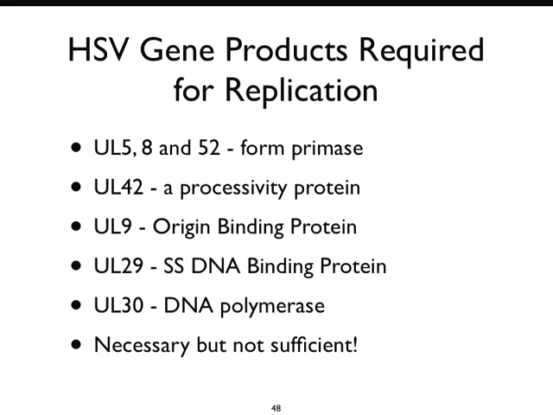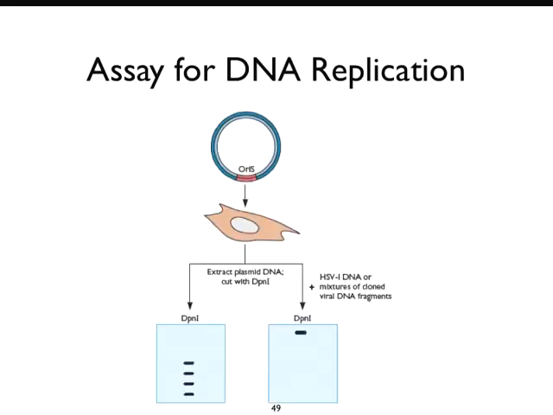And DNA that's made in bacteria is cleaved by an enzyme called DpnI, which only recognizes methylated adenines. And mammalian cells don't have methylated adenines. They only methylate cytidine. And so if DNA replicates, then this plasmid molecule, this is a Southern blot after cleavage with DpnI, will no longer be cleaved.